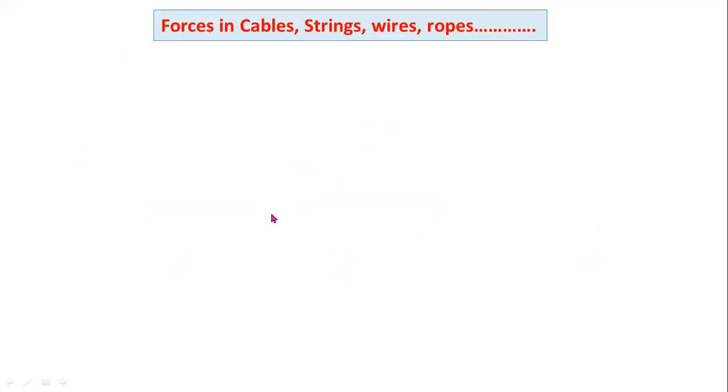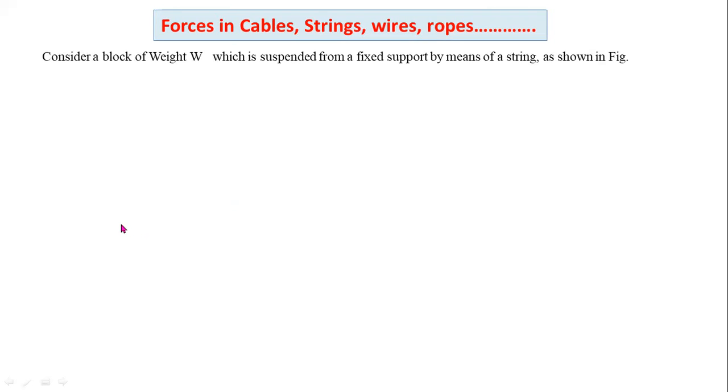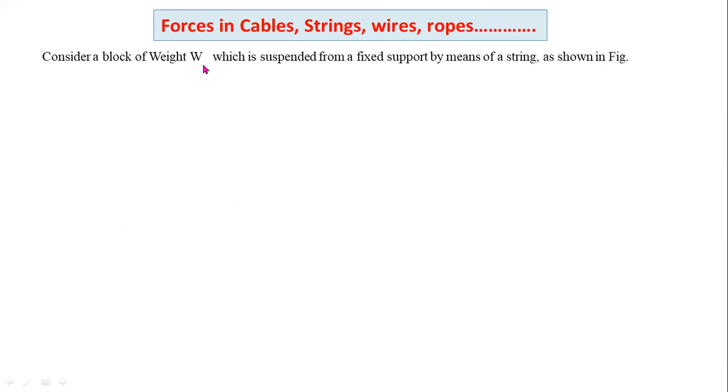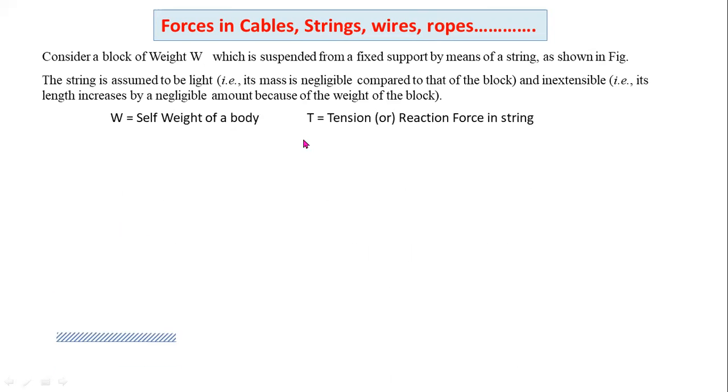Now, another important topic, that is forces or reaction forces in cables, strings, wires, ropes, like this. How to indicate internal forces in cables, strings, wires, ropes. Consider a block of weight W which is suspended from a fixed support.